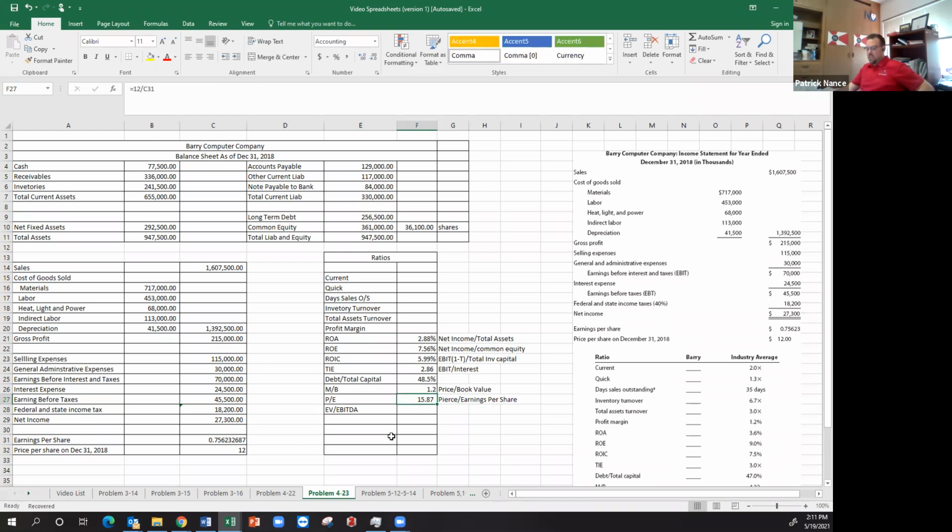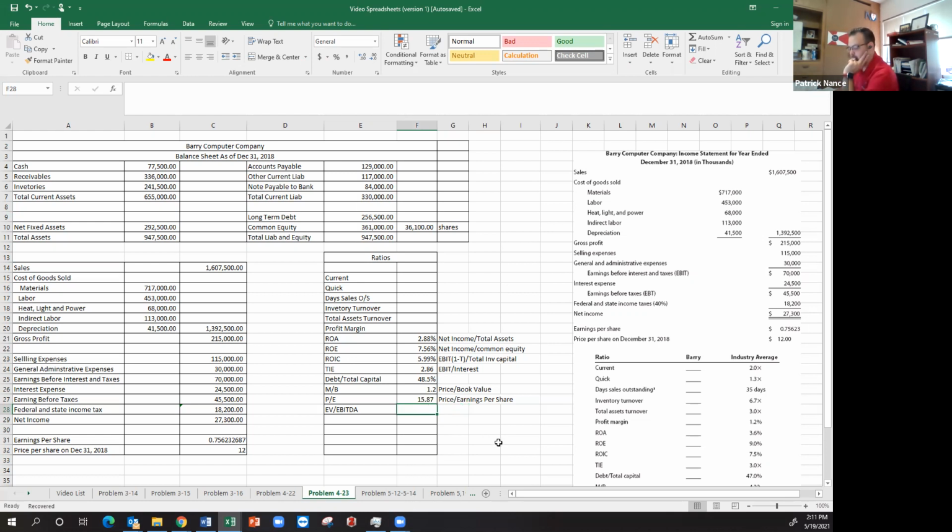So 15.87. I can't spell the word price today, apparently. So that tells me the price of this stock is 15.87 times the earnings for every share of stock. So there's a big difference. It's only earning 76 cents per share, and then the price is all the way up to $12.